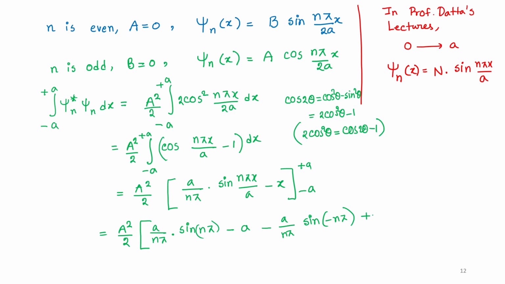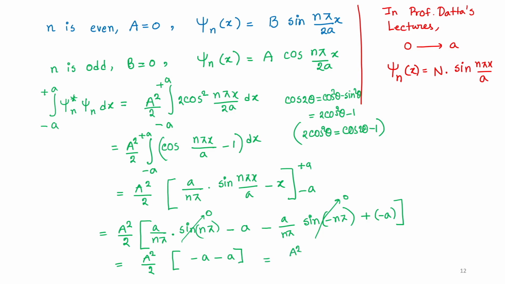And it will be minus and minus, okay. So sin n pi is 0, here also it is 0. What are the things we are left with? A square by 2 is minus a minus a, minus 2a.